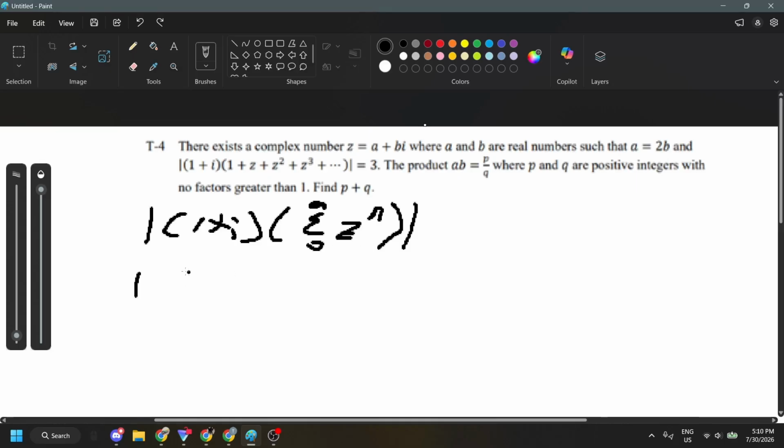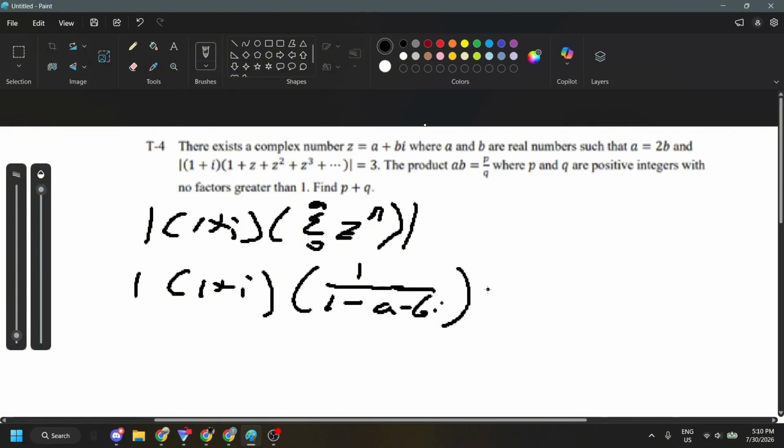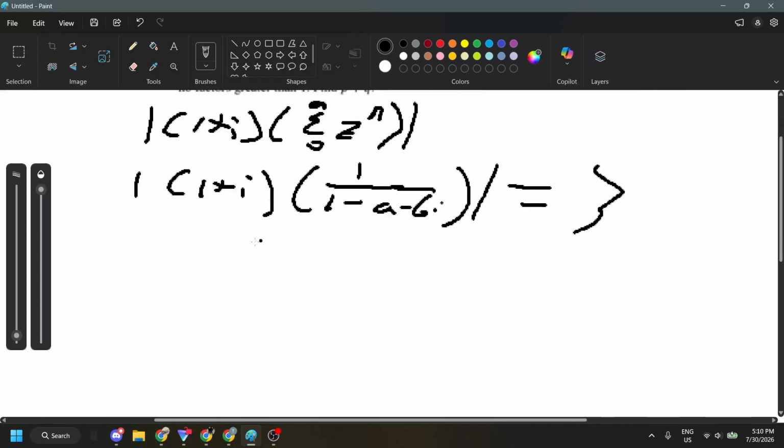So this is just going to be 1 plus i times a over 1 minus r. A is 1 over 1 minus z, which is a minus bi, is equal to 3. Okay, so we've eliminated the infinite thing, but now we have this fraction.